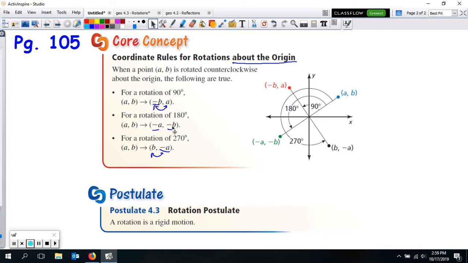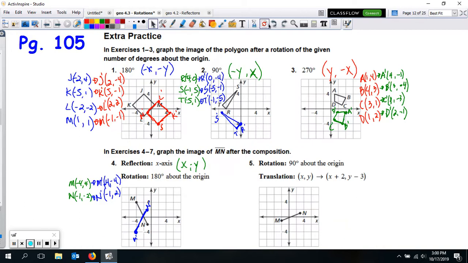There it is. They stay the same direction, so x and y will stay in the same positions. You're just going to change both of them to their opposites. So that's what we're doing on this one. So here for this one, they're both going to become +4s for M double prime now.